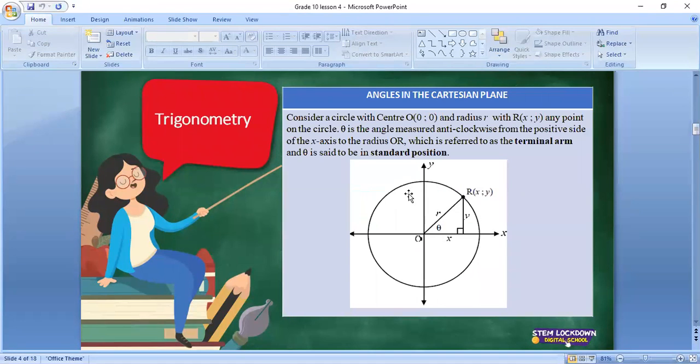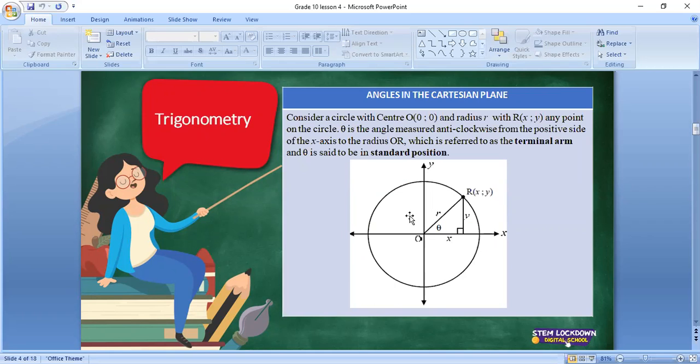Then from 90 degrees to 180 degrees is the second quadrant. From 180 degrees down this way is the third quadrant. This here is 270. And from 270 up to 360 is the fourth quadrant.